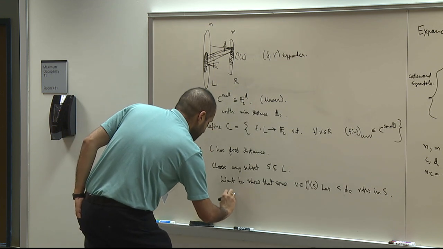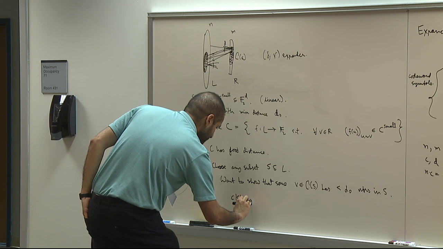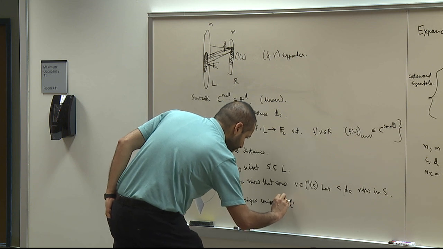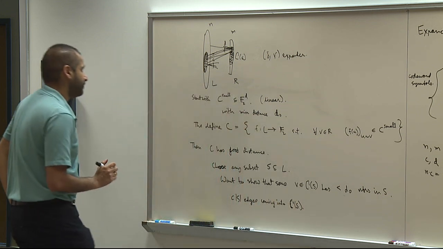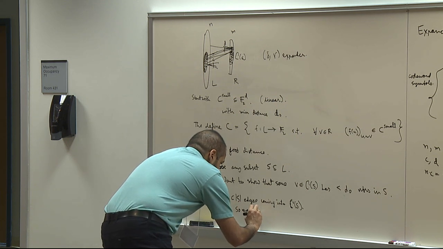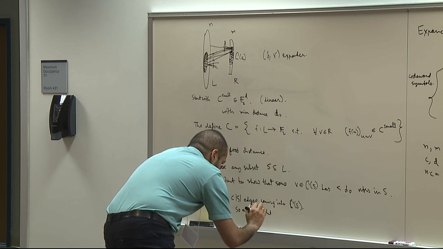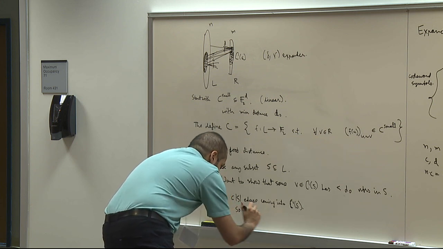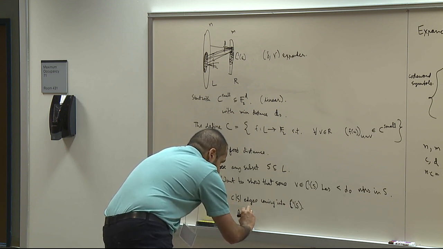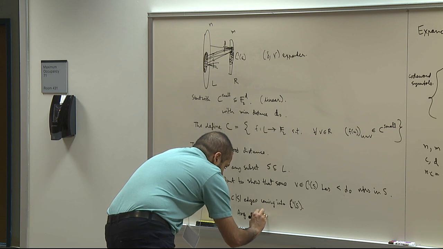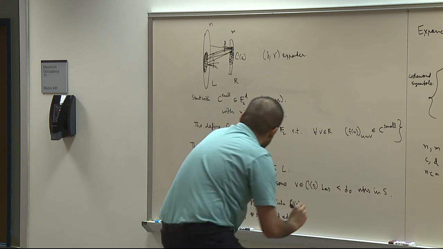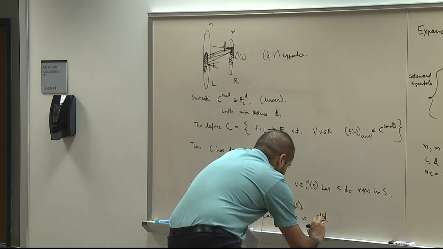There are C times size S edges coming into the neighborhood of S. So each vertex in gamma S is receiving, on average, C size S over gamma S edges.